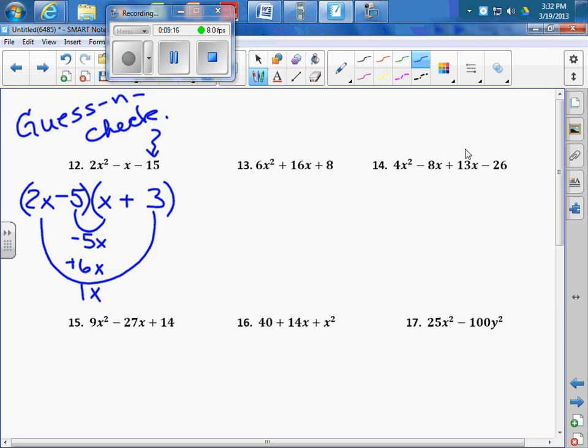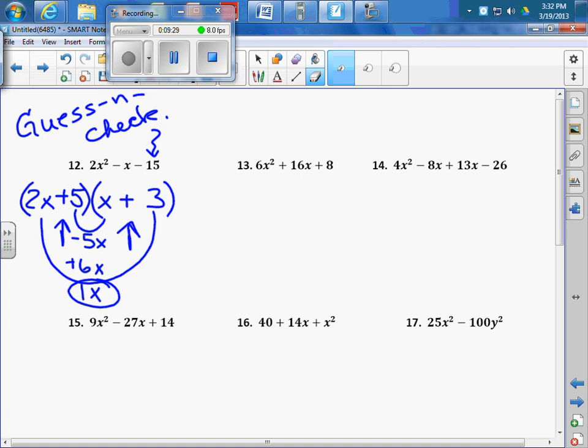No, we want minus 1x. So if I have the wrong sign here, that means I have the wrong signs here. So let's make this the plus, this the minus, and that should work out. That'll give me the plus 5x, that'll give me minus 6x, and now I have it factored correctly.